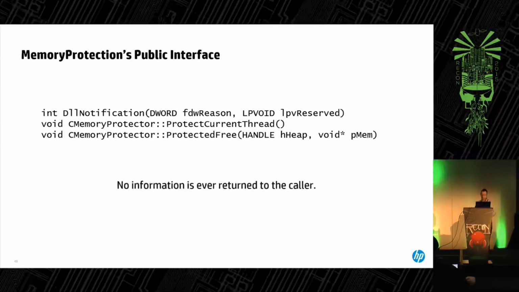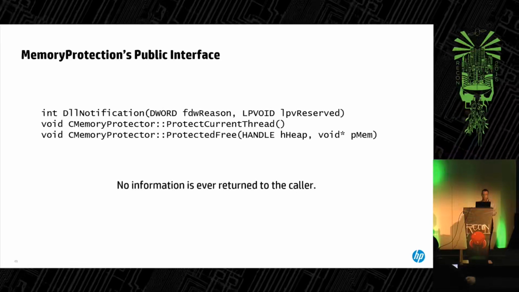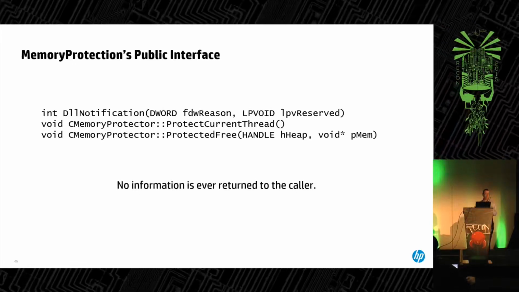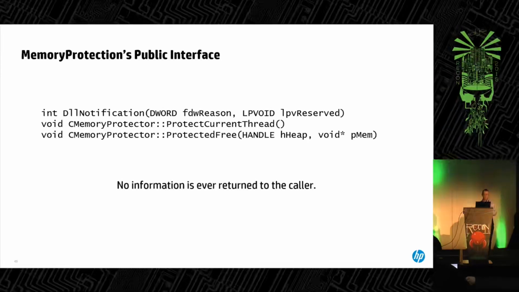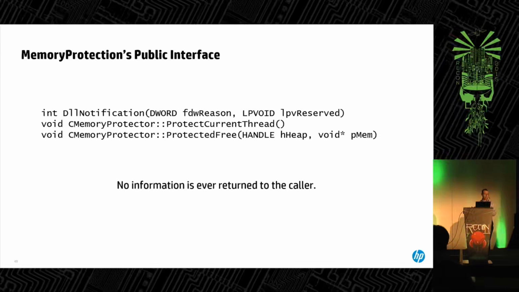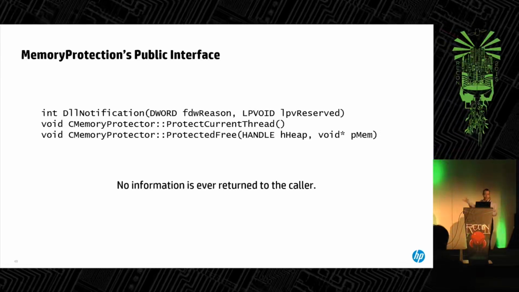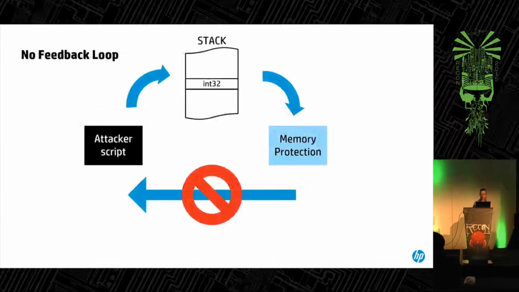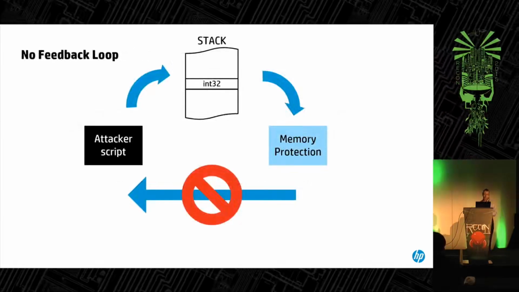That's a problem. We can influence memory protection based on whether we've guessed the correct address or not, but to have an oracle, we need to have the ability to read some kind of response back. And memory protection's API gives us absolutely nothing. So what this means is we need a side channel.